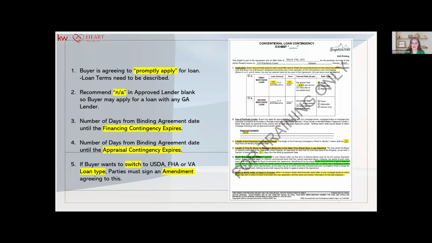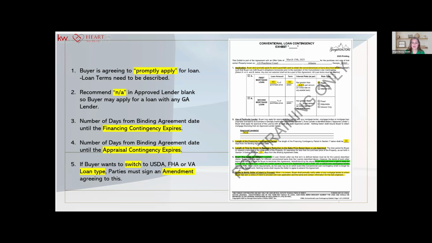The vast majority of the time, people are doing fixed rates, although we occasionally see some adjustable rates. For second mortgage loan, I left it blank, but ideally you would want to put NA in those blanks under second mortgage if there's no second mortgage.